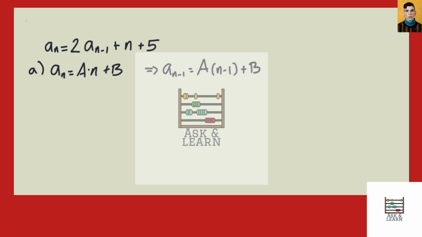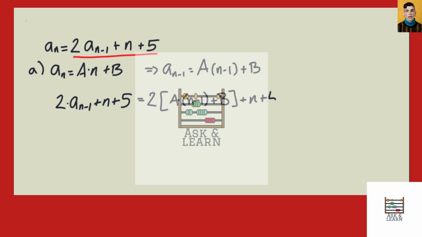So we can note then that 2 times a_{n-1} plus n plus 5, which is what we have a_n set to, would then be equal to 2 times (A times (n minus 1) plus b) plus n plus 5.